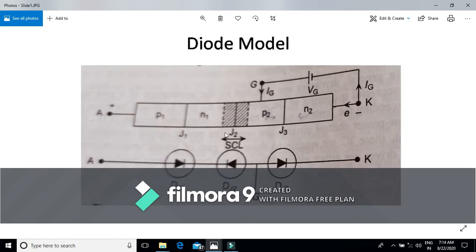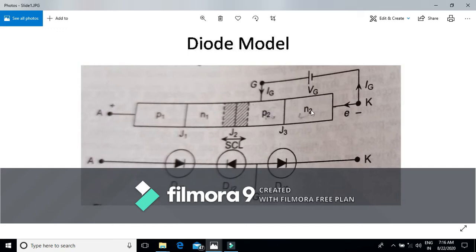The next method of explaining this diode model is when the gate voltage is applied between the gate cathode terminals, the electrons flow from this negative terminal to this positive terminal, or we can say the electrons enter into this outer N region.